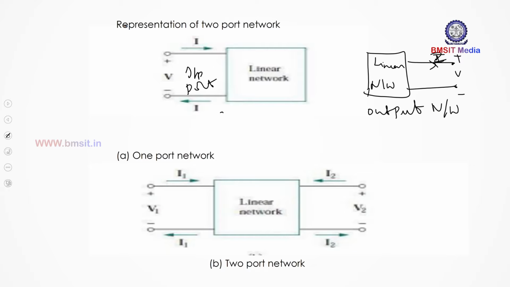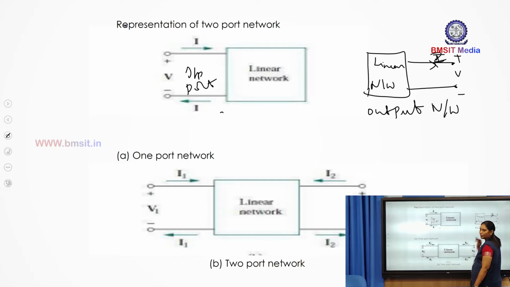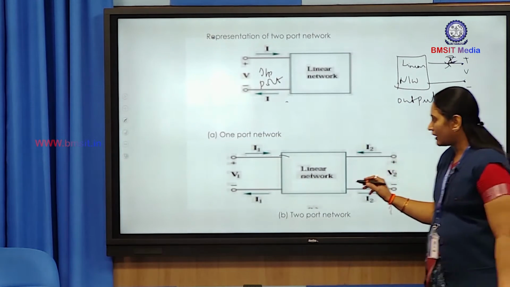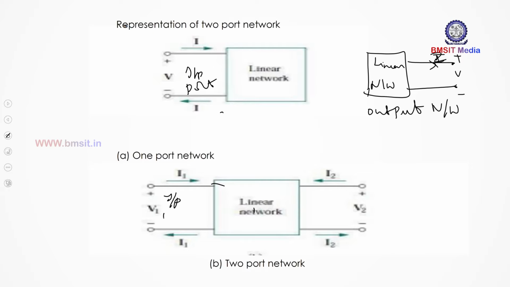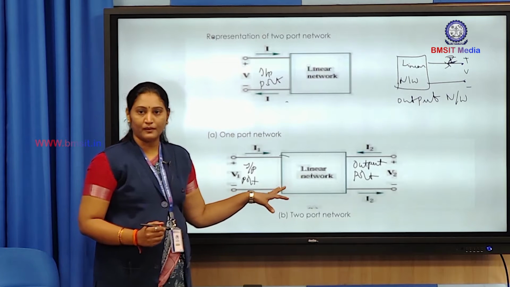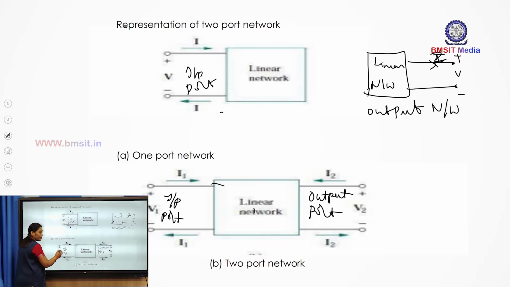In a one-port network, the network has either an input port or an output port, whereas in the two-port network you can see the linear network has an input port as well as an output port. There are 4 variables here, namely V1 and I1 as well as V2 and I2.